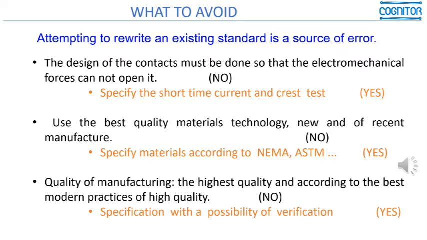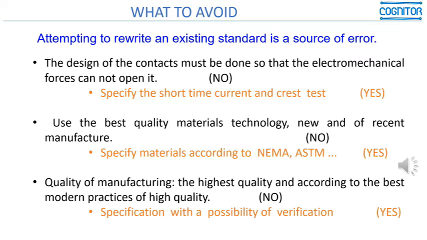Use the best quality materials, technologies new and of recent manufacture, is also not verifiable. The correct thing in such cases is to specify materials according to NEMA, ASTM, or some other specific standard. This is the correct way to do because everything is written in such standard, so the statement becomes verifiable.